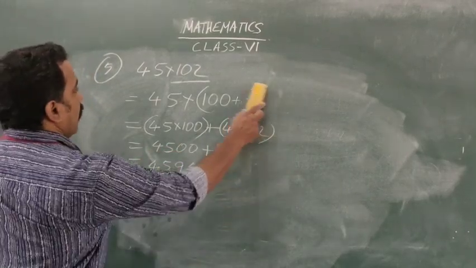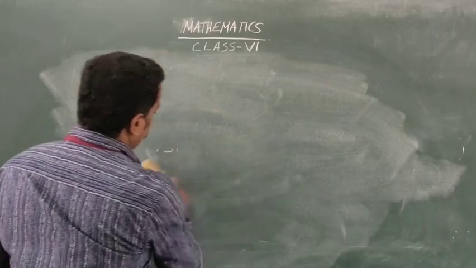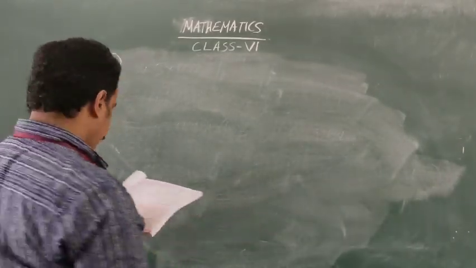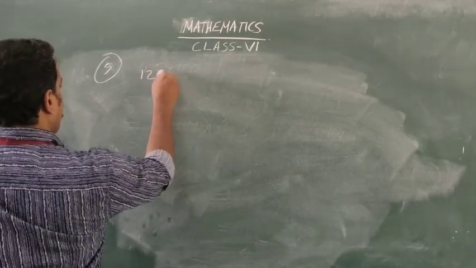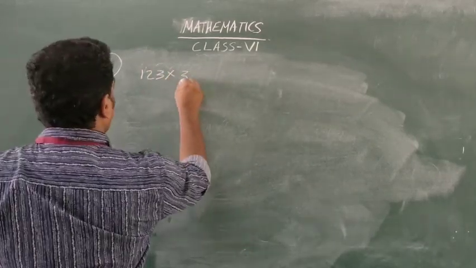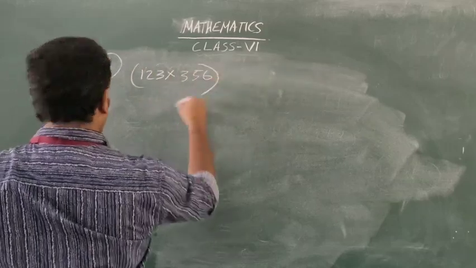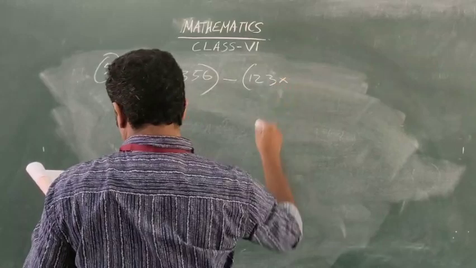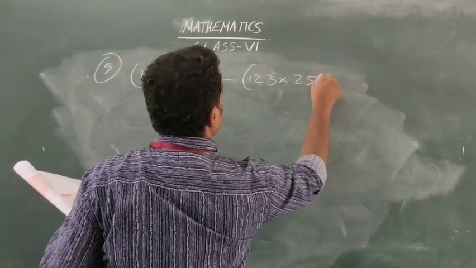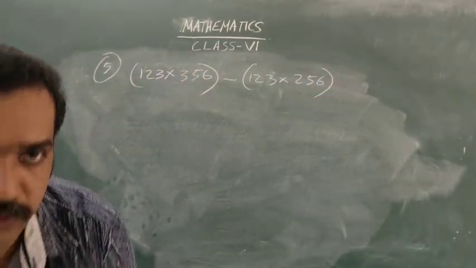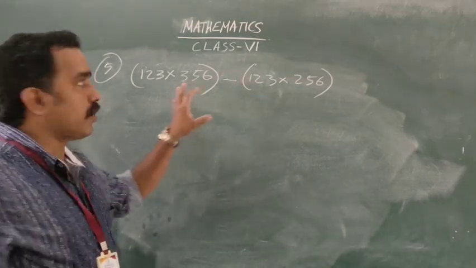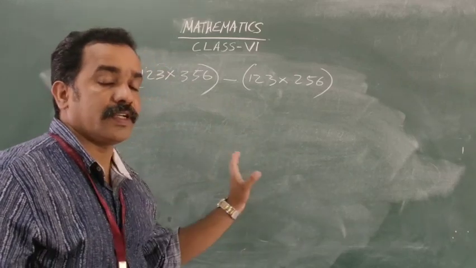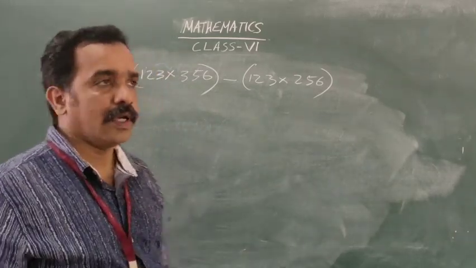Understood? Another question in that: 123 into 356 minus 123 into 256. If you directly multiply these two and subtract, it will take long steps.